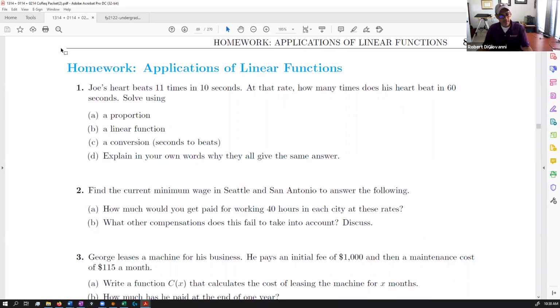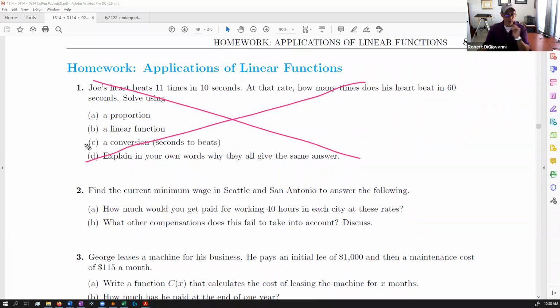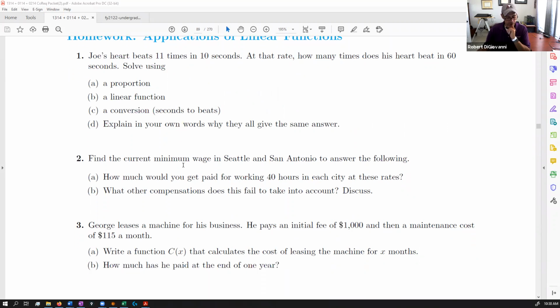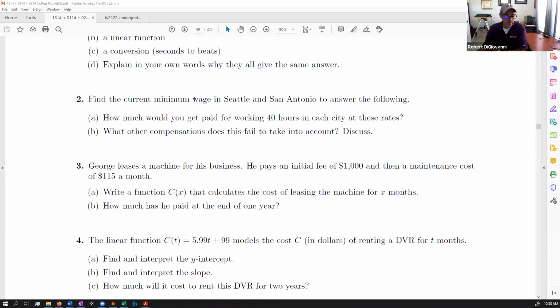Let's skip this first one because it talks about proportion and conversions, which we skipped that section. So please skip number 1. Page 89, skip number 1. I think this one is pretty good. Number 2, find the current minimum wage in Seattle and San Antonio.